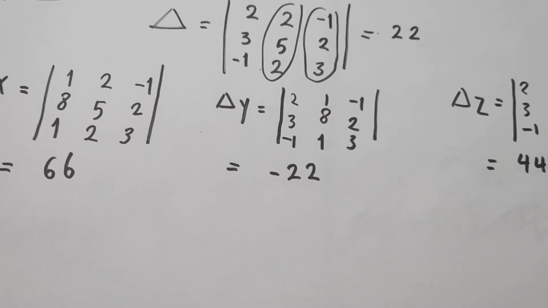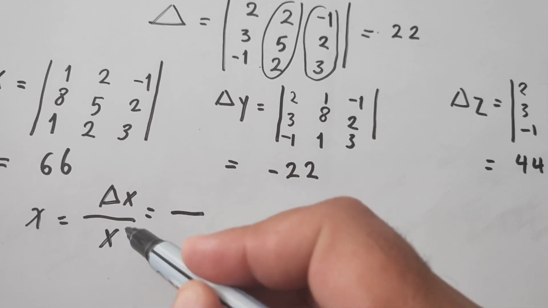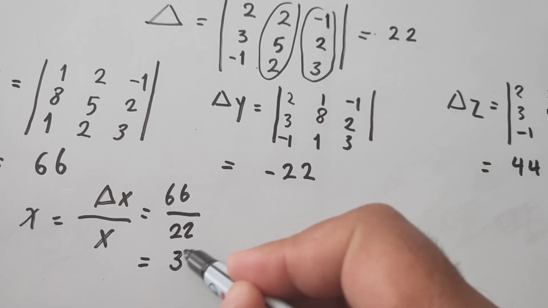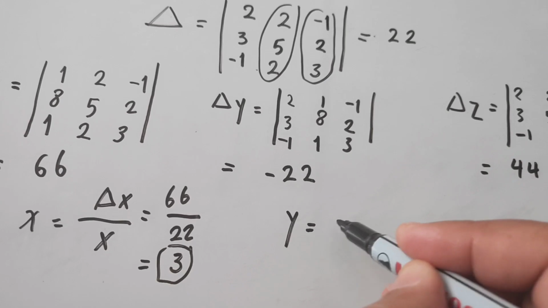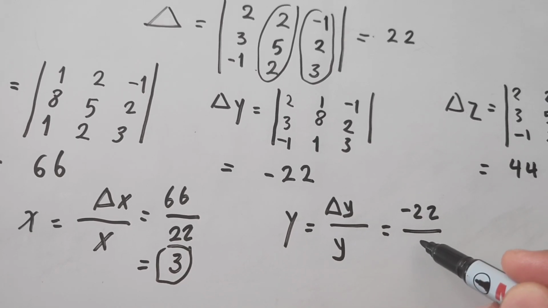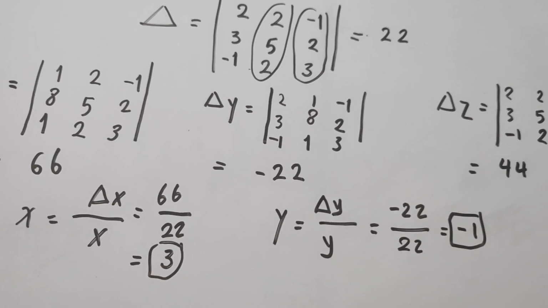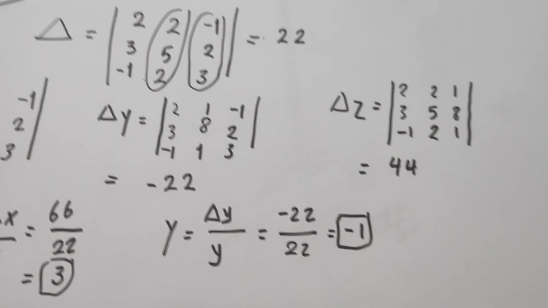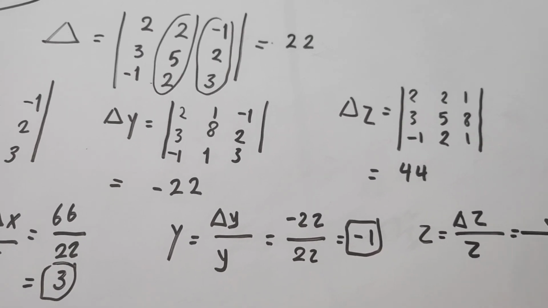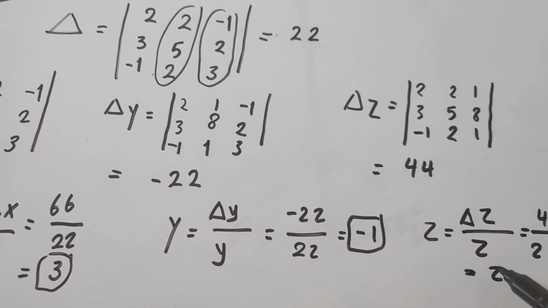At last, we can find x equals delta x over delta, 66 over 22 equals 3. y equals delta y over delta, negative 22 over 22 equals negative 1. z equals delta z over delta equals 44 over 22 equals 2.